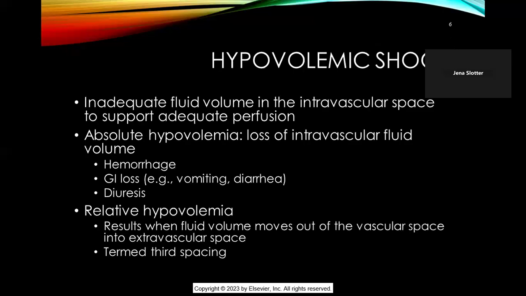So with hypovolemic shock, we are talking about inadequate fluid volume. That's the volume in the intravascular space, and we don't have enough to adequately perfuse. In this one, the heart is working fine. It just doesn't have enough of what it needs to actually pump out.